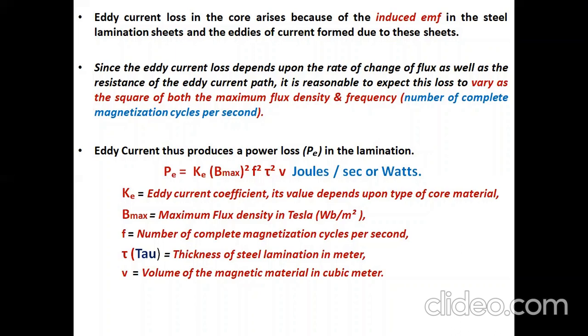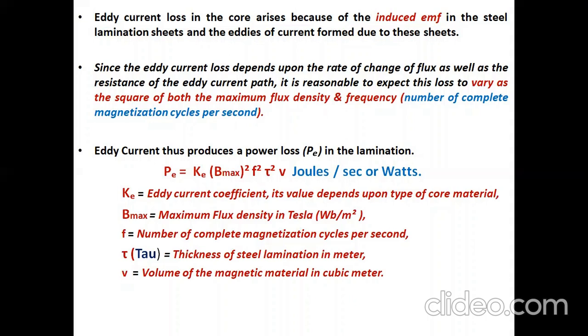Ke equals eddy current coefficient. Its value depends upon the type of core material. Bmax equals maximum flux density in Tesla, or Weber per meter square. F is the number of complete magnetization cycles per second.